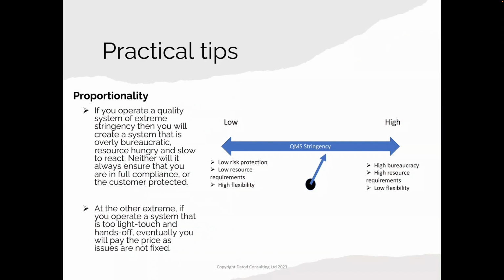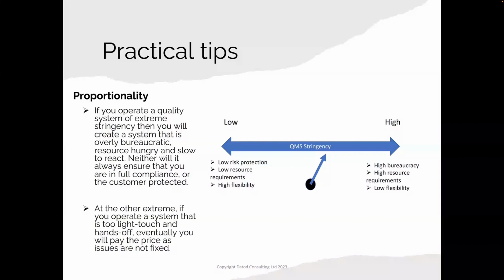You will expend a huge amount of resource maintaining that level of risk aversion, and it will be very, very inflexible. Conversely, you can say, actually, I'm really comfortable with risk, and you're quite happy with low risk protection. That will have fewer resource requirements, and you'll be highly flexible. But obviously, your potential for things happening will be far higher.